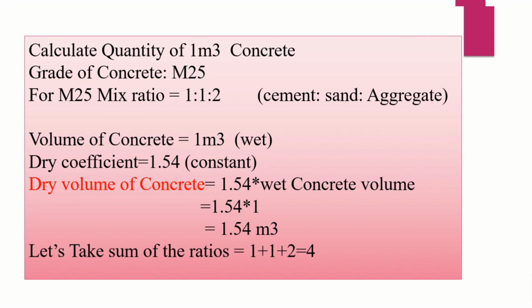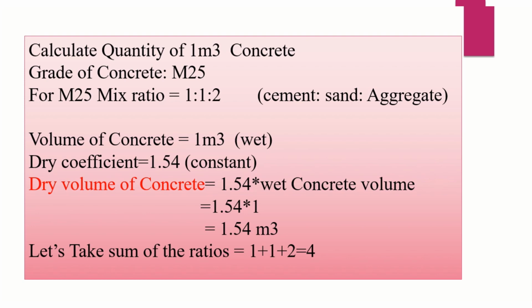Dry coefficient is 1.54. So dry volume of concrete will be 1.54 into wet volume of concrete. In this case, wet volume of concrete is 1 meter cube.